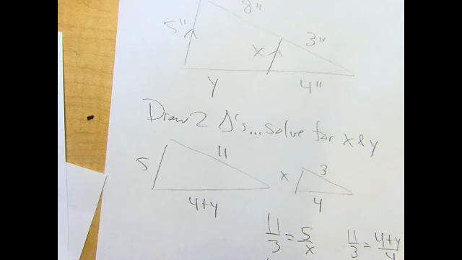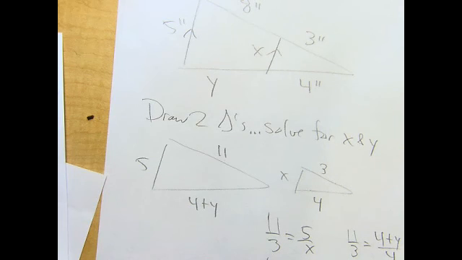I feel like I screwed this up. What did I do wrong? I guess that might be right. I'm getting 12 over 8. I'm getting y is 1.5. That's not right, is it? Maybe it is.